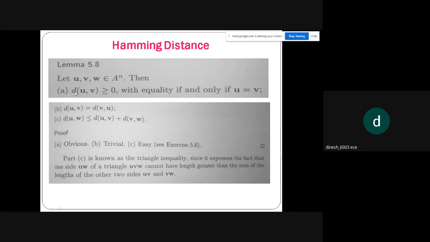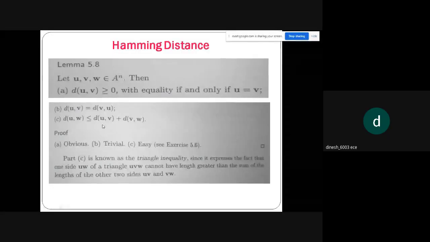Always, the Hamming distance between u and v should be greater than or equal to 0, with equality if and only if u is equal to v. And the Hamming distance of u with respect to v will always be equal to the Hamming distance of v with respect to u.